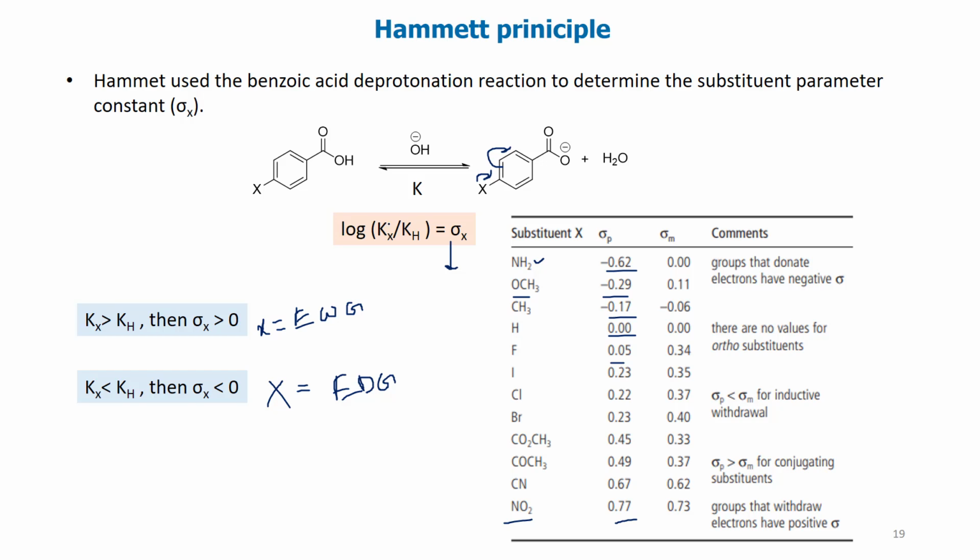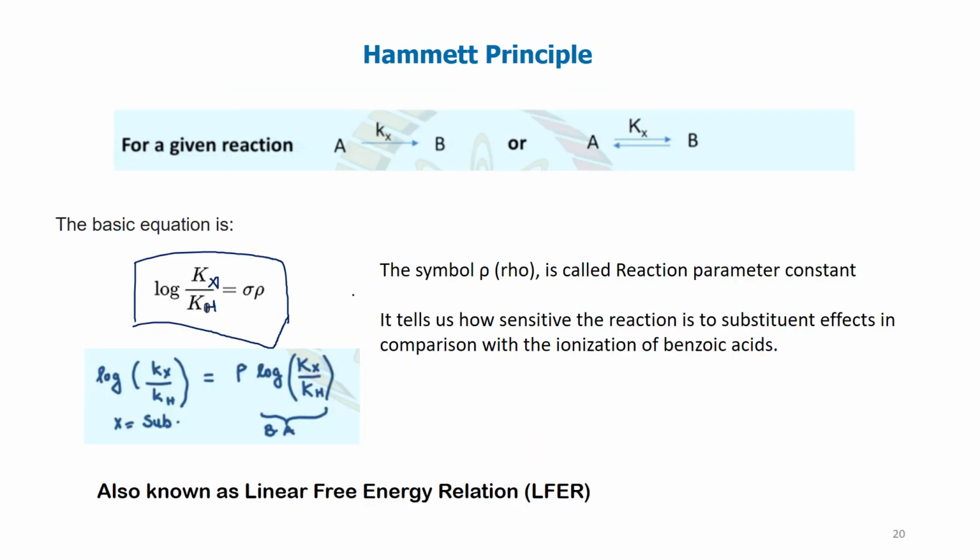Sigma is the log of the rate constant of the substituted benzoic acid divided by that of simple benzoic acid. Whereas this rho is known as the reaction parameter constant, and it also tells us how sensitive the reaction is to substituent effect in comparison to the ionization of benzoic acid.